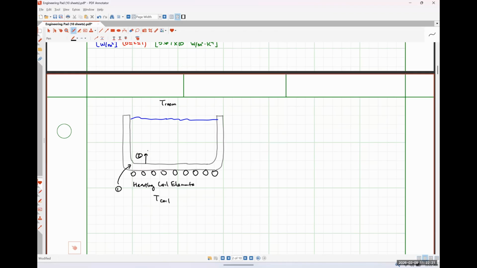We're going to have some convection up here because we have our bulk fluid transferring heat into our air. So that's essentially fluid to another fluid. So that's convection. We are going to have heat transfer from the surface of the pot to the surrounding air. And then we are also going to have radiation, radiative heat from our heating elements out into the air as well.